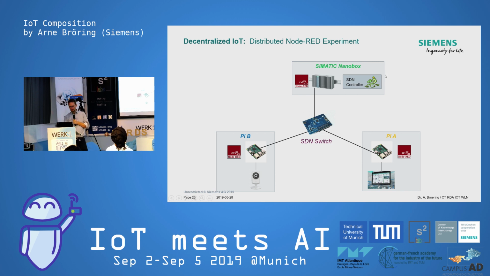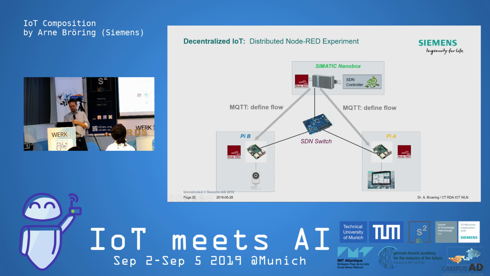There's also the network controller, and via MQTT, this flow, once defined, is communicated to the dependent Node-RED instances running each on a Raspberry Pi. One Raspberry Pi has a camera attached, and another Raspberry Pi has the display attached.